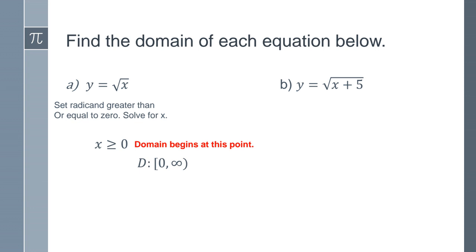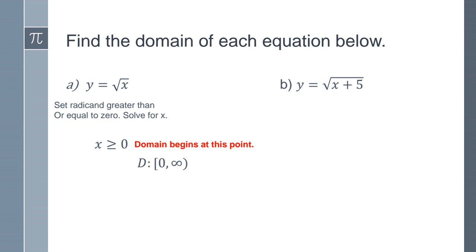Bracket means that I can start at that value. It's okay to start at that value. And again, we're reading from left to right. My starting point is 0, and I can use all the values to the right of 0 all the way up to infinity. And again, please never use a bracket symbol for the infinity symbol, okay? Because infinity is not a number. It just keeps on going, never stops.